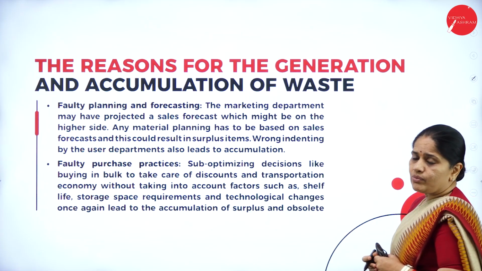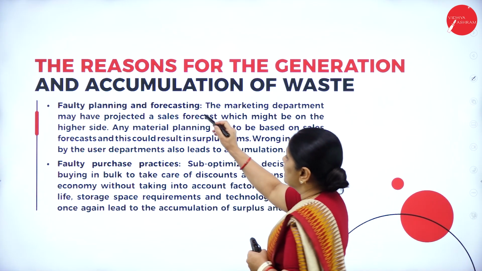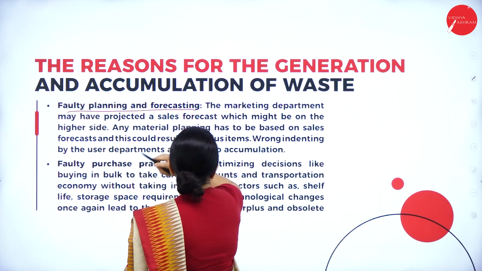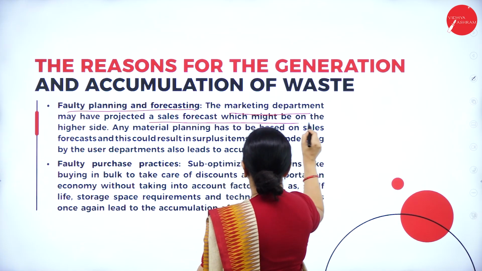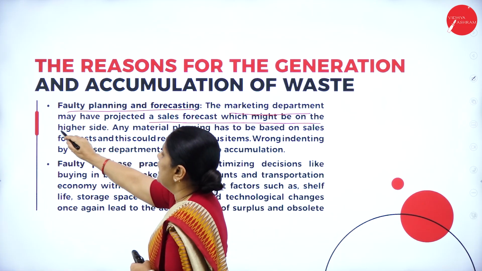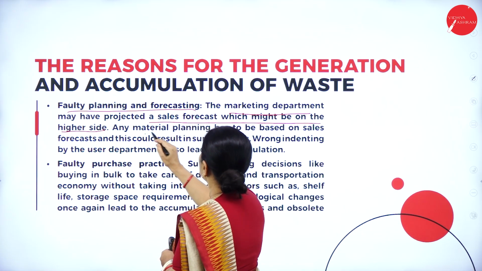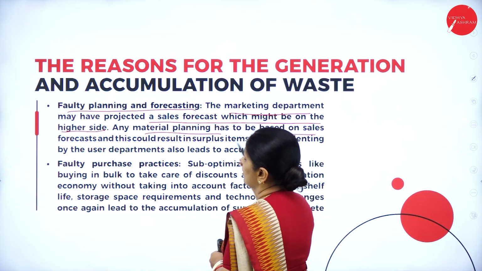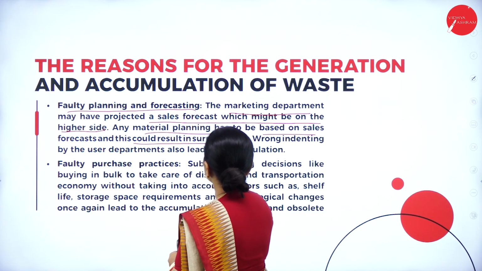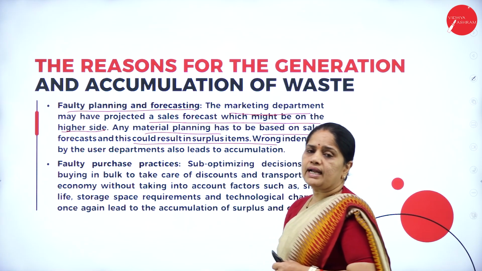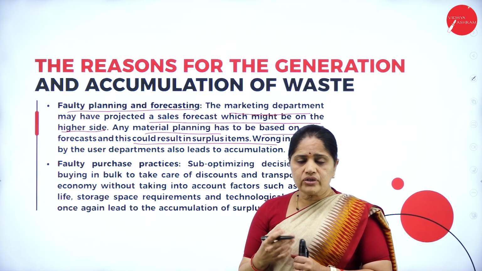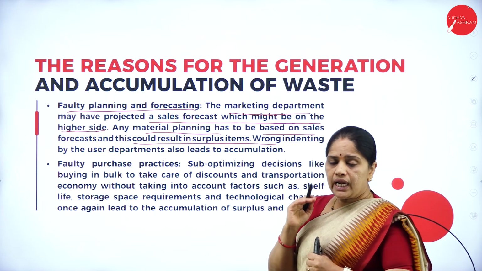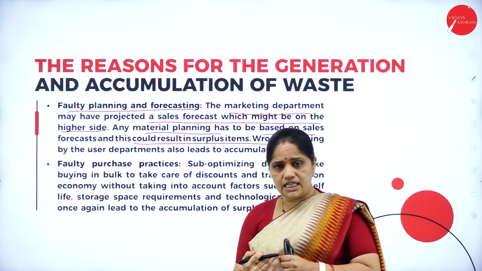Then the next one is faulty planning and forecasting. The marketing department may have projected a sales forecast which might be on the higher side. Any material planning has to be based on the sales forecast, and this could result in surplus items. How do we plan for the production house? It will always be based on the sales forecast.